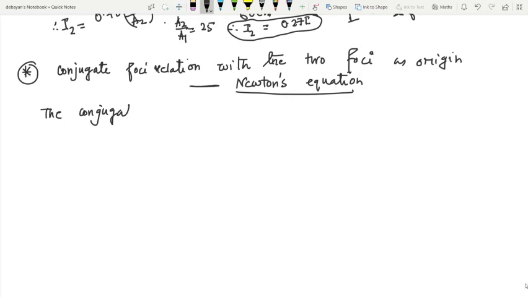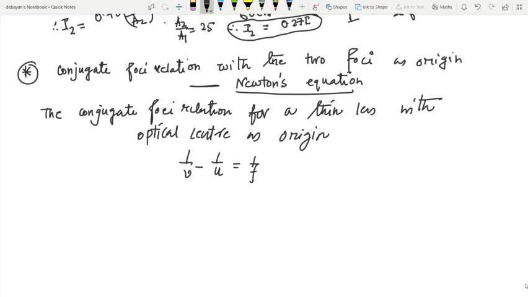Now if we assume that the media on both sides of the lenses are the same, then we can also write f by v minus f by u is equal to 1, and we are considering the theoretical case.